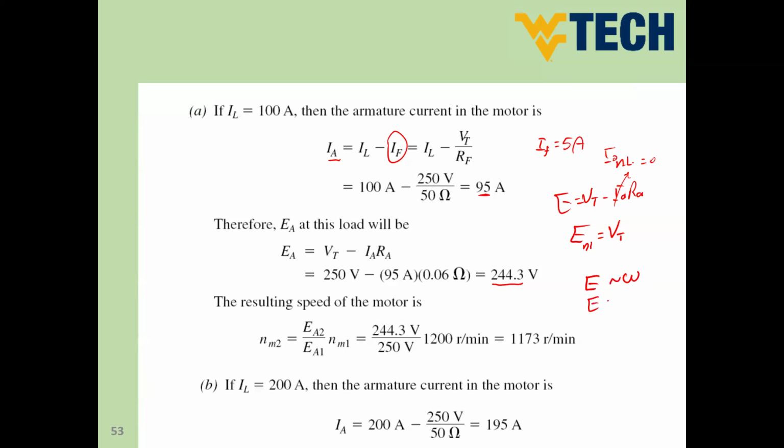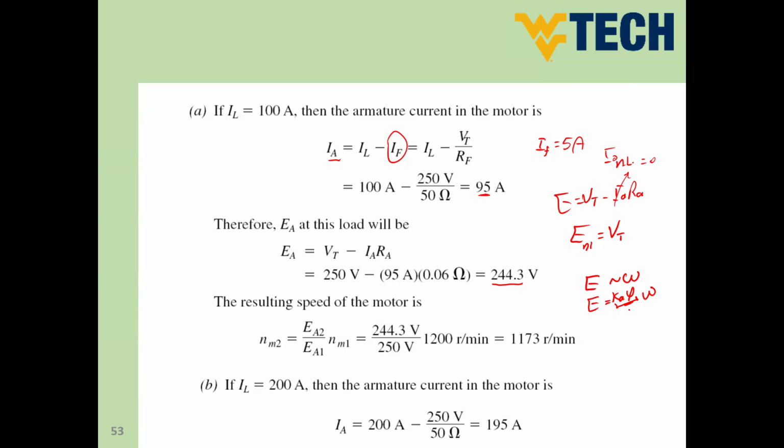So E equals Ka times phi times omega. And since the flux is constant, you didn't change the field resistance, so the term Ka phi is going to be constant. So you can say E1 divide E2 equals omega 1 divide omega 2, or equals N1 divide N2. Okay, so this is an easy way to get the other motor speed.